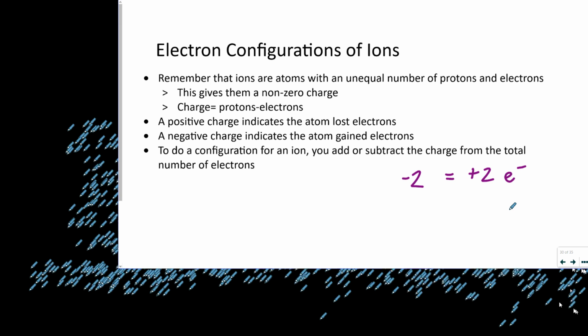It's always the opposite of the sign. If you have something that's a +1 charge, that means that you subtract 1 electron from your total number. So you're going to go through the exact same steps as every other electron configuration, but your beginning number of electrons changes.